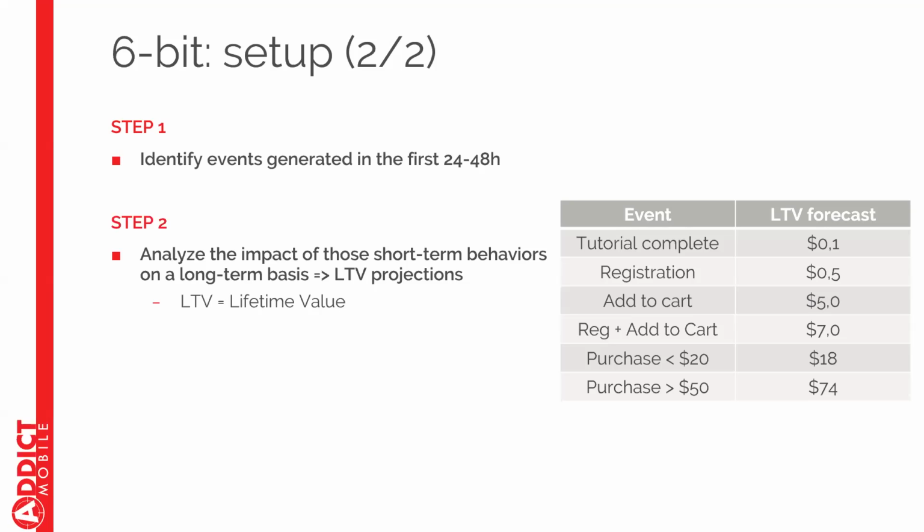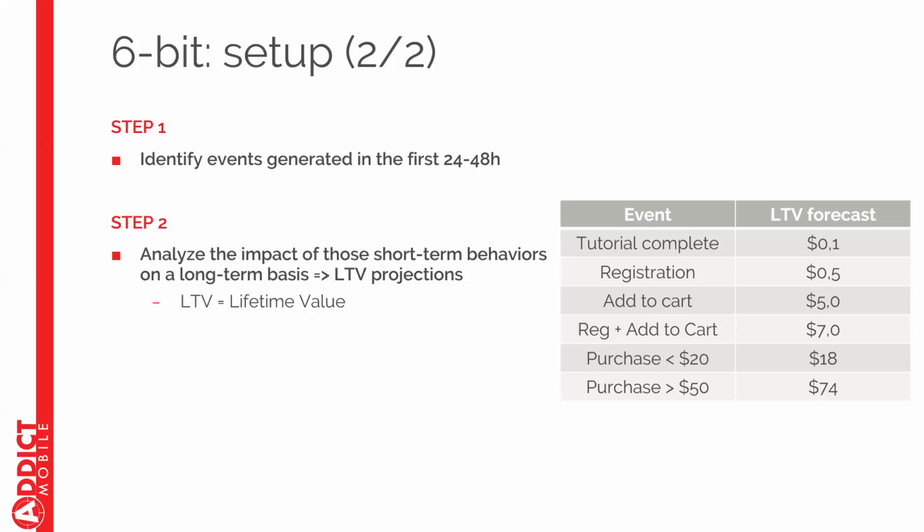Not every business has lifetime values, but as I was mentioning, you can rank your users from 1 to 10. You can do anything that qualifies users. So I made, let's say, a random example of the events that could be triggered in the very first hours, let's say 24 hours, and imagine an LTV forecast on a long-term basis depending on these events.